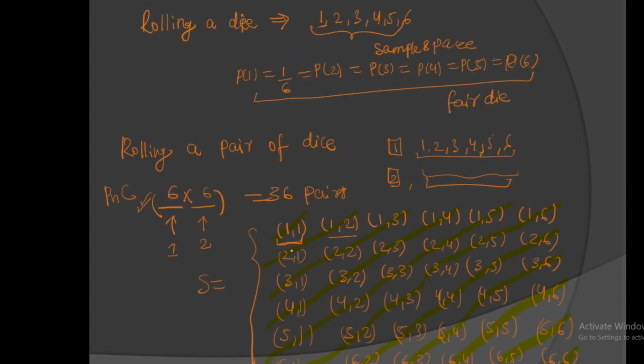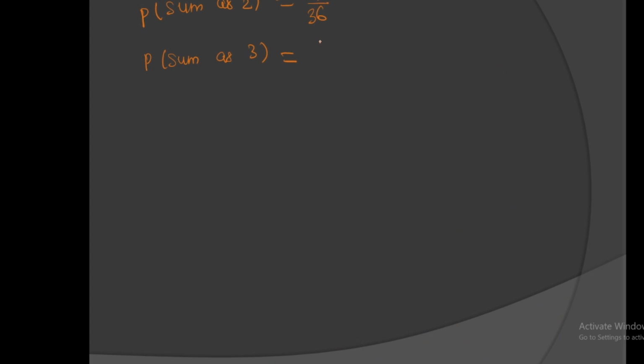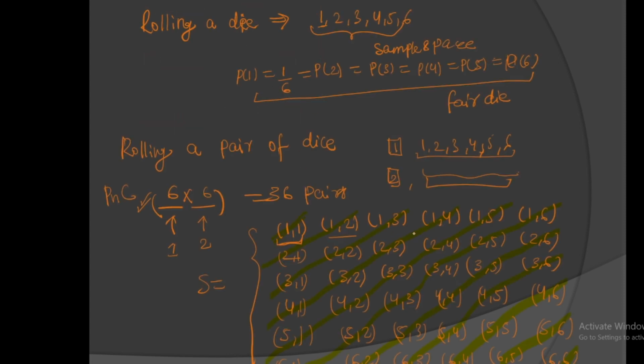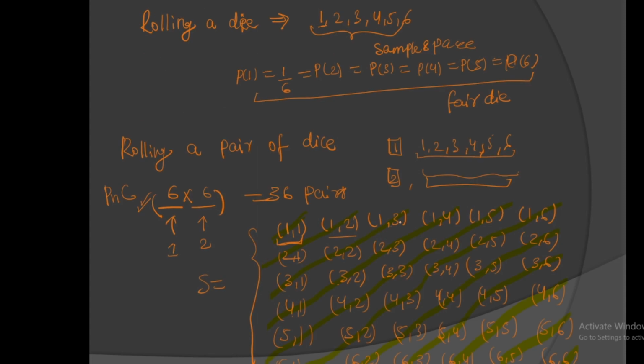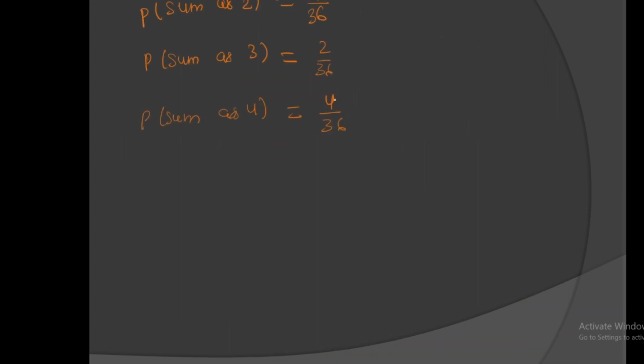We have 1 and 2, so 2 by 36. Probability of a sum of 4: how much is this? 1, 2, 3, 4. This is 4 by 36. No, sorry. The probability of getting a sum of 4 will be this only. These are 3 only, not 4. This is 3 only. Sum as 5.